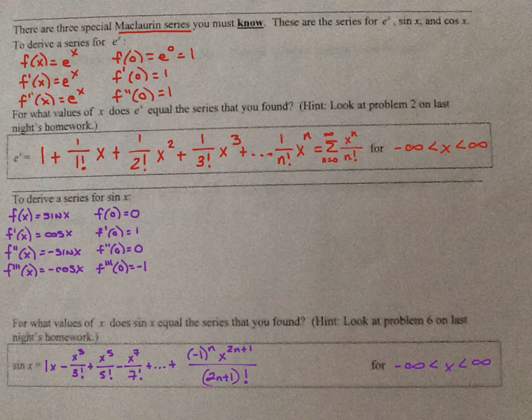To derive a series for sine x, you would have x minus x cubed over 3 factorial plus x to the 5th over 5 factorial minus x to the 7th over 7 factorial. So it's alternating, which is why you would need the negative 1 to the nth. And then each exponent is odd and each factorial is odd, so it's x to the 2n plus 1 over 2n plus 1 factorial. That also converges on negative infinity to infinity.